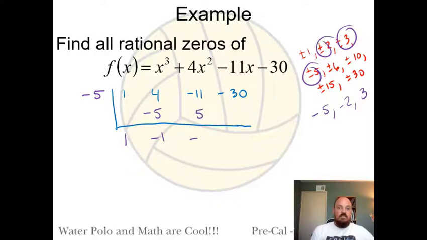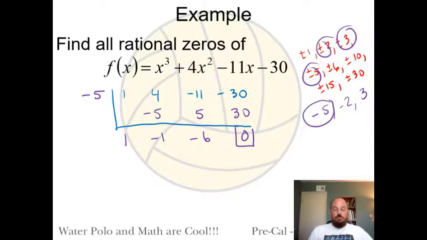Add is negative 6. Negative 5 times negative 6 is positive 30. And then negative 30 and 30 gives you 0. And remember, that's what you're looking for. You have to have a remainder of 0 or you didn't find a factor. If I got a number other than 0, then I would have to try something else. So the negative 5 worked, even though we knew it was going to from our graph.